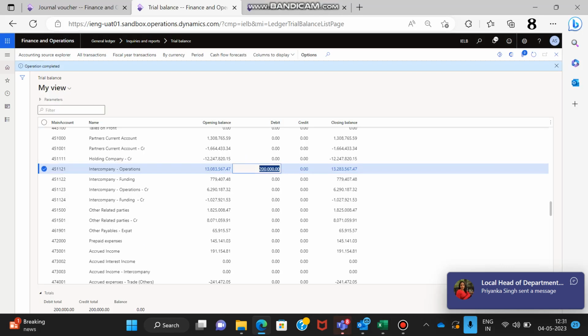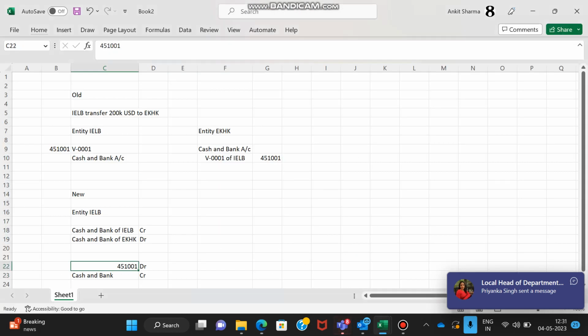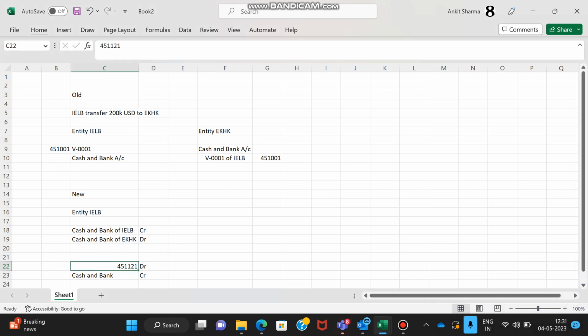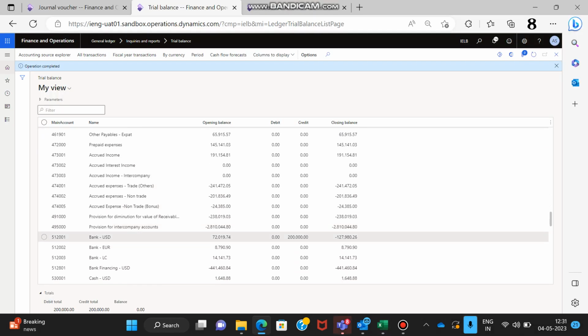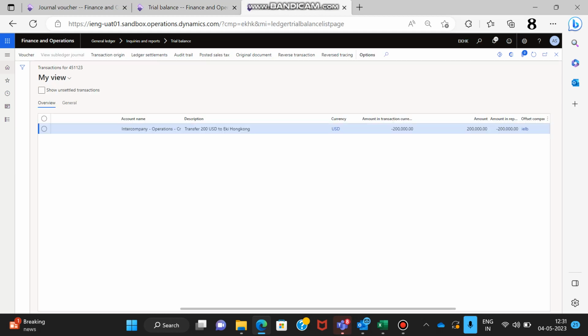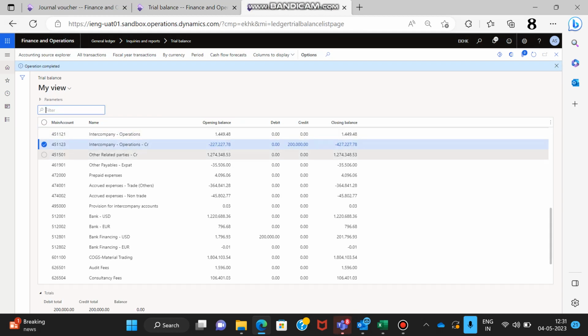If you can see, account 45121 is debited. I've just taken a hypothetical vendor GL code. So this account is debited and the cash and bank account is credited. And if you go and see in the books of Ekistruck Hong Kong, you can see the intercompany account is credited and the bank account is debited. That is how the transaction is done.